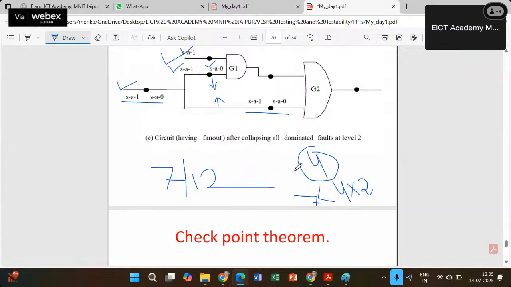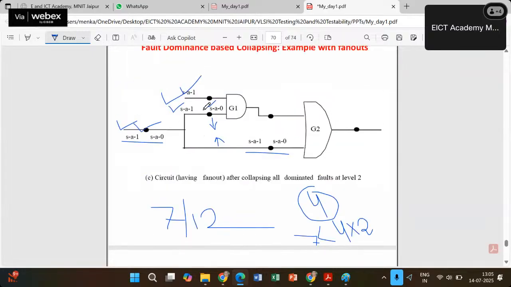For example, in this case, there were 2 inputs plus 2 fan out branches, so 2 plus 2 into 2. That is the total number of test patterns, which comes to 8. That is the maximum possible single stuck faults available in any circuit.